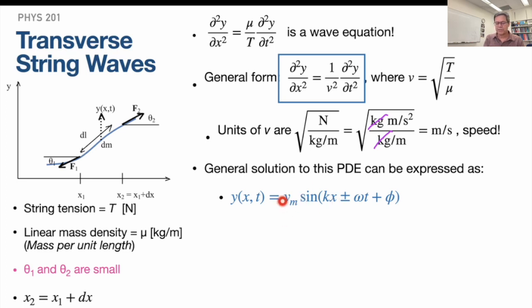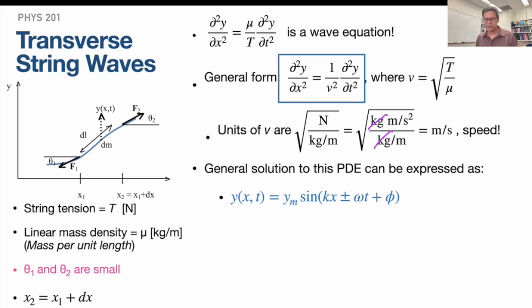It'll have some, so my function y of x,t here has some amplitude, which I'll call y_m, the maximum value of y. And I claim there's a sinusoidal function that comes for this dependence. And the arguments of that function are kx plus or minus omega t plus phi.